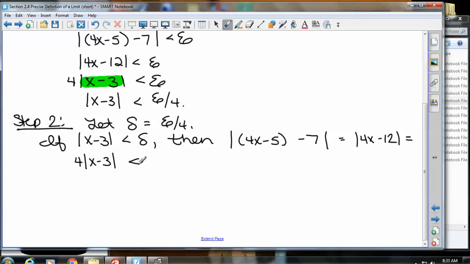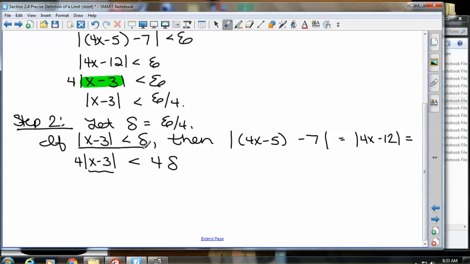So that means this is less than 4 delta. Does everybody understand what I did there? I have my 4. The absolute value of x minus 3 from this sentence right here, I know I can assume that is smaller than delta. So 4 times this would have to be smaller than 4 times delta. We got our less than in our statement. So now all we need is an epsilon, and we're done.